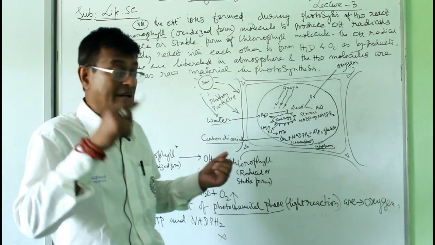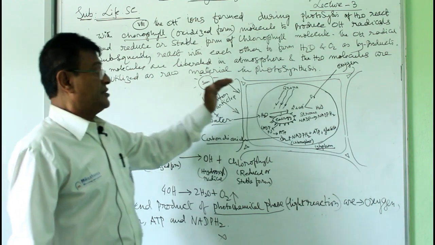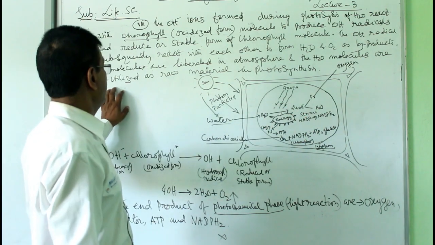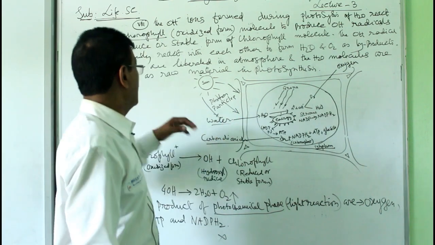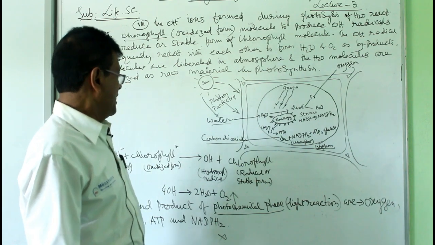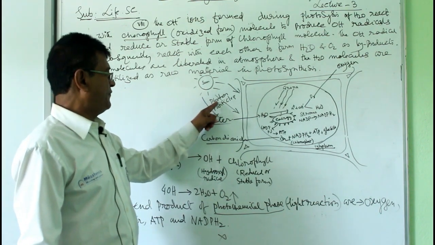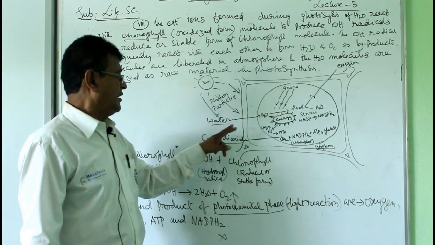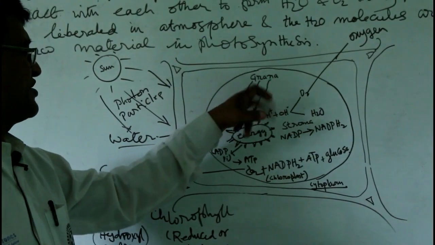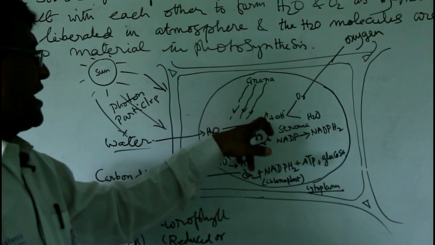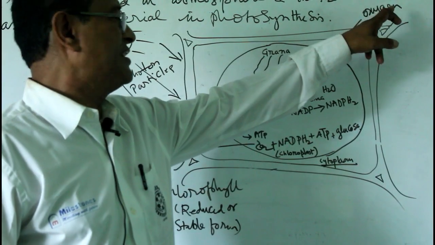That is the mathematical system I wanted to say. The oxygen is liberated into the atmosphere, while the water molecules are reutilized as raw materials for photosynthesis. You see here, the sun provides the energy, where the photon particles are. Water enters here and is broken down, happening inside the grana, into hydrogen and hydroxyl ion, and oxygen is liberated into the atmosphere.